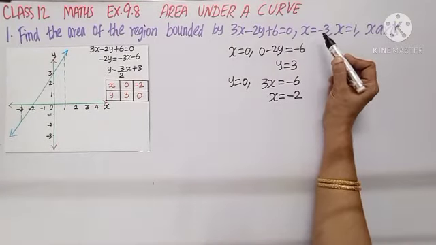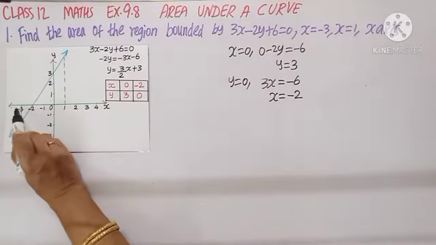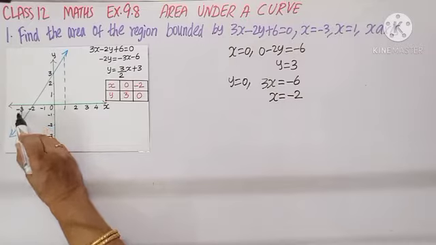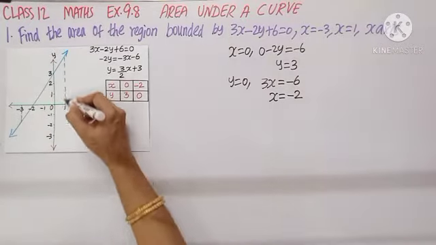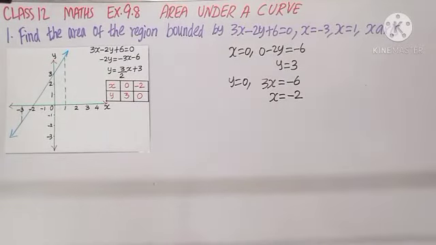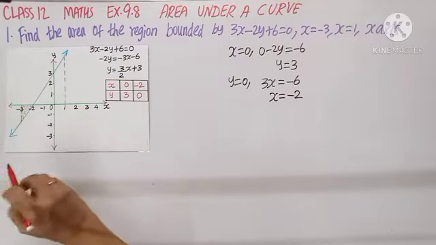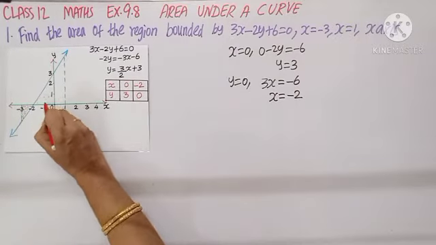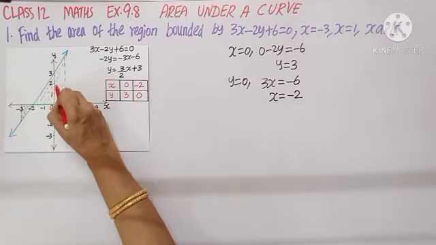Now, we go back to the limits. x equals minus 3, x equals 1. x equals minus 3 comes here, drop a perpendicular. x equals 1, drop a perpendicular. As I look at the diagram, from minus 3 to minus 2, the area is below x-axis, whereas from minus 2 to 1, the area is above x-axis. We know the formula.